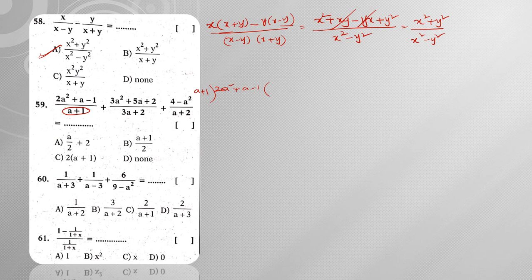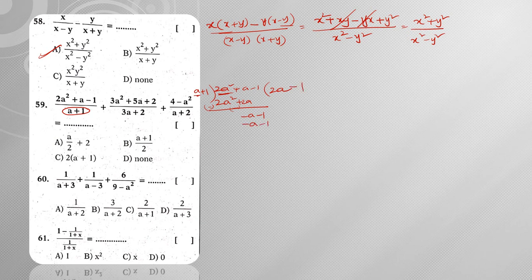So a plus 1, so a needs to become 2a square, then we need to multiply with 2a, so this becomes 2a square plus 1 into 2a is 2a, and after that you need to do subtraction, so you need to change the signs. Then what am I going to have? Minus a minus 1. So if you want to change it as plus a, then I need to multiply with minus 1.